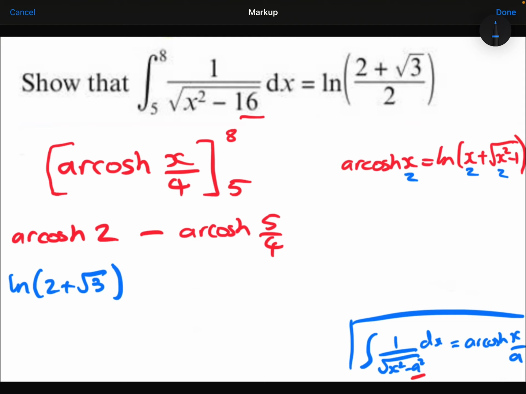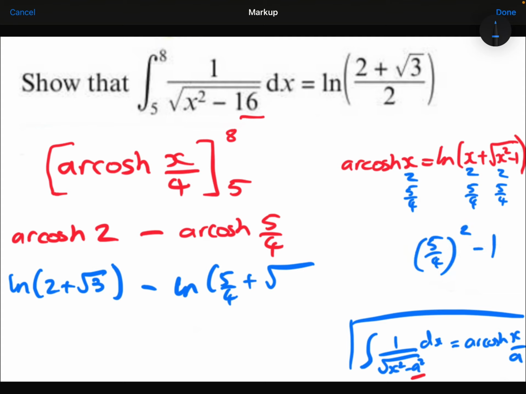Now I'm going to substitute 5 over 4 into the arcosh, and I will get ln of 5 over 4 plus the square root of 5 over 4 squared minus 1. 5 over 4 squared minus 1 is 25 over 16, take away 16, that's going to be 9 over 16, which when I square root it would be 3 over 4. 5 over 4 plus 3 over 4 is 8 over 4, or 2.